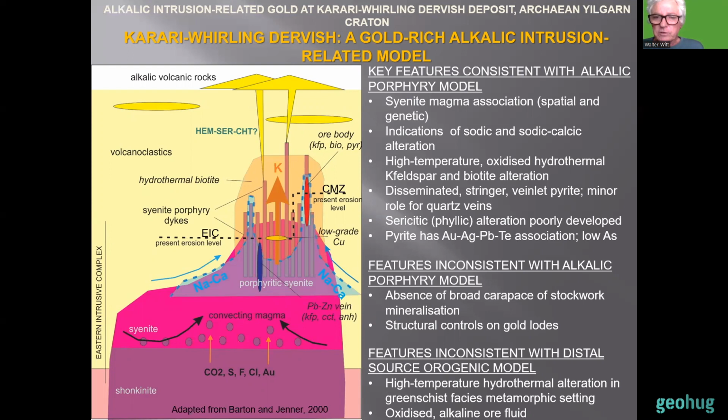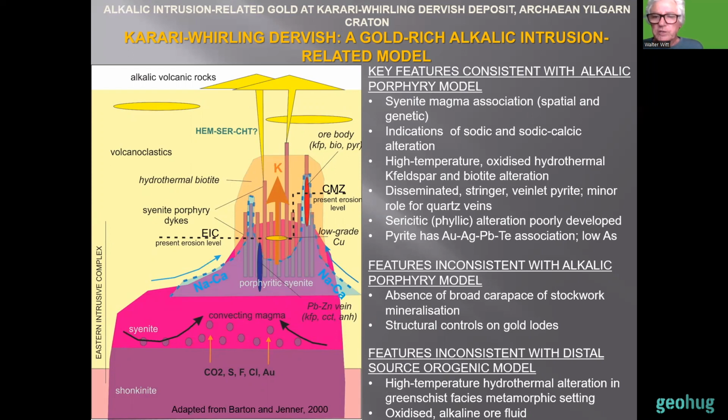The predominance of disseminated, stringer and veinlet pyrite, and only a minor role for orogenic type quartz veins. The poor development of sericitic or phyllic alteration in the deposit. And finally, the pyrite, which has a gold, silver, lead, tellurium association and a low arsenic content.